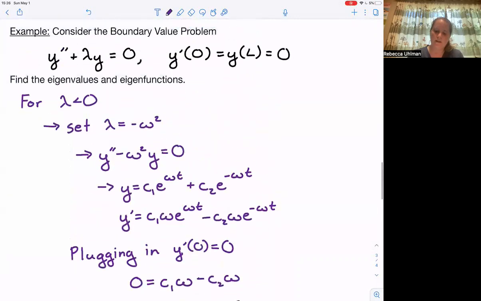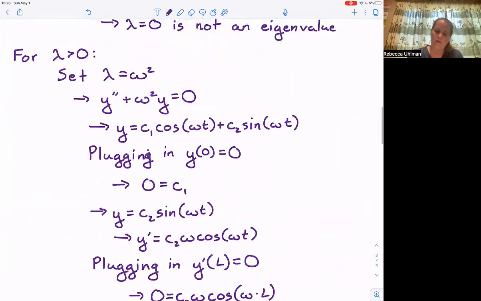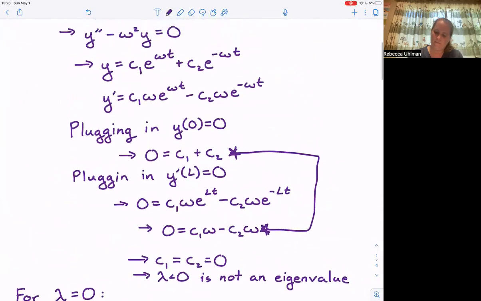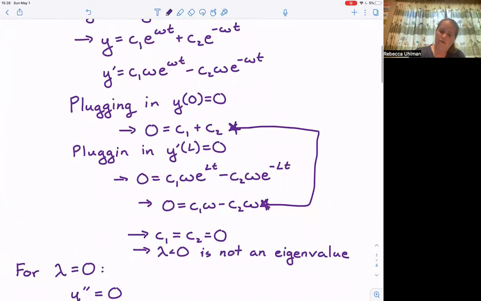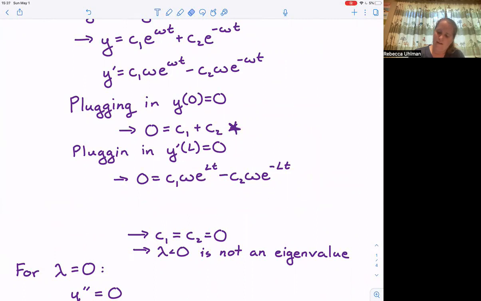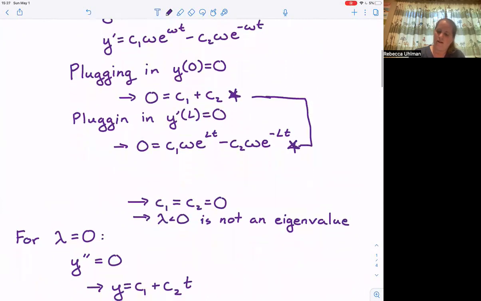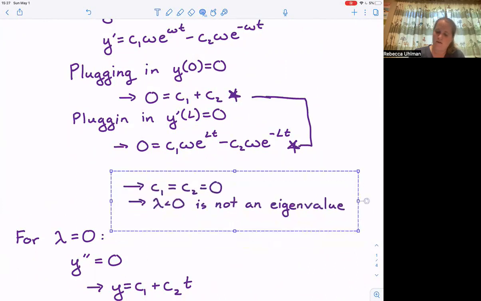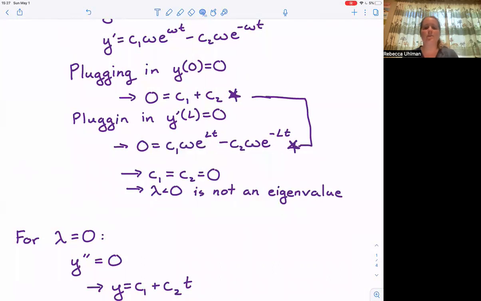I just realized in the previous problem, I should not have divided through by e to the LT. We should have just left it with our e to the LT and e to the negative LT, because I did not have a common exponential to divide through by, but the concept is still the same.